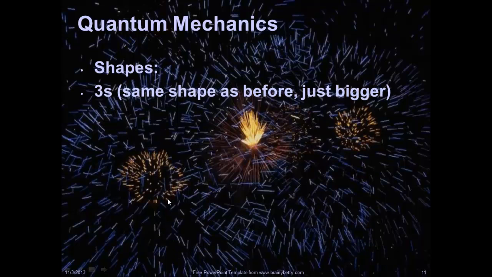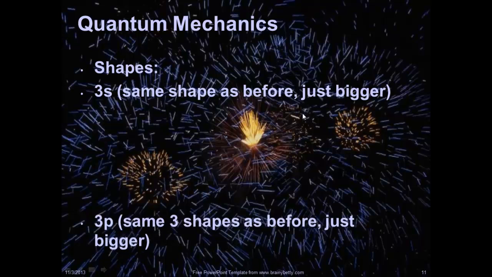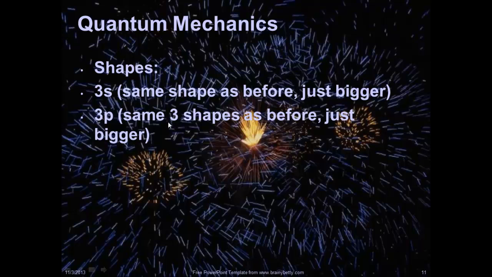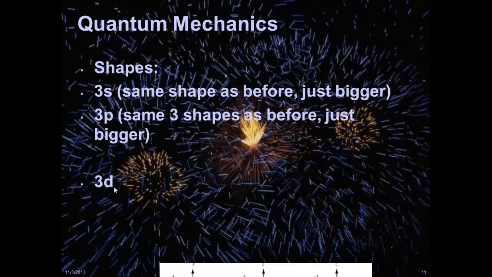The rest of the shapes. Once we get up to energy level 3, we still have an S. It's the same sphere as before, it's just bigger than the other 2. We still have the same 3 shapes for the P sublevel. Again, they're just bigger. And we're also going to learn the shapes for the D sublevel. There are 5 of these shapes, but 4 of them are virtually the same.